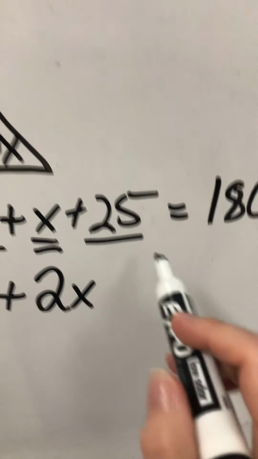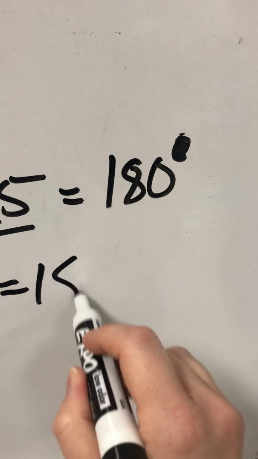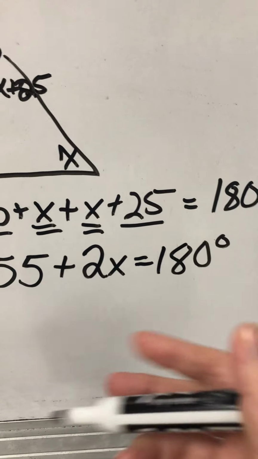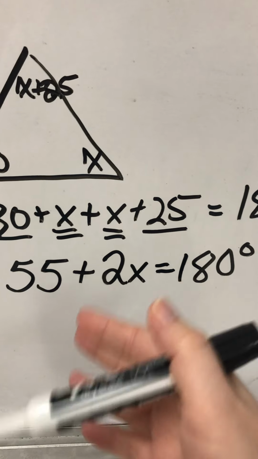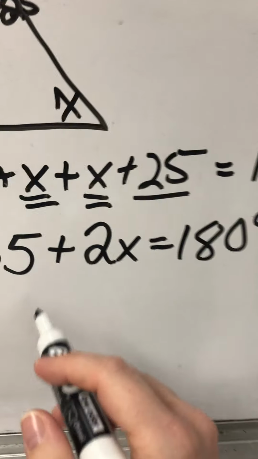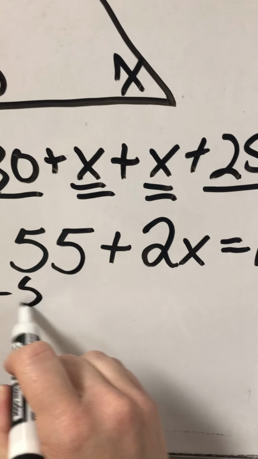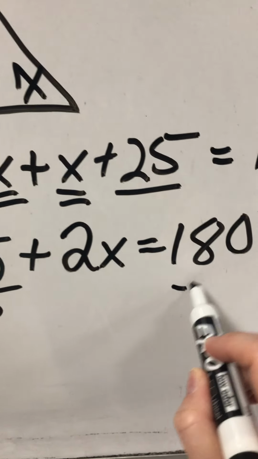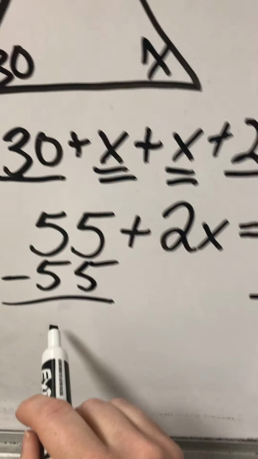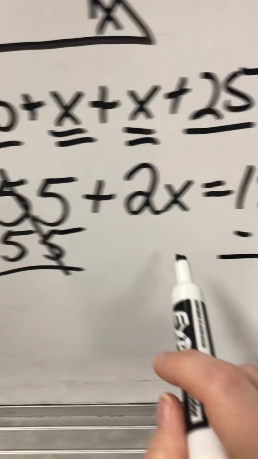I'm going to set this equal again. We want to keep this equal to 180. Now I can carry out math like we've done in the past with equations to get x by itself and figure out what x is. So the first thing I'm going to do is subtract 55 from each side. That will cancel out over here.